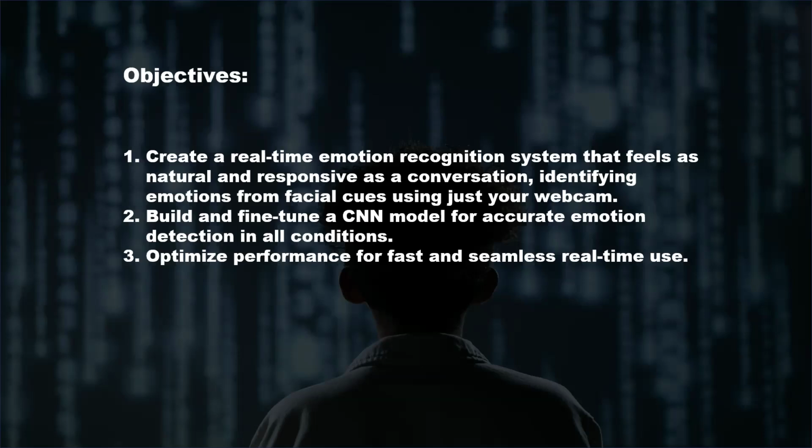The other day also I told you. Okay, sir. To build and fine-tune, here you have to write like that: to build and fine-tune a CNN model designed for accurate emotion detection with respect to different conditions. Are you getting my point? The second objective comes to the first.